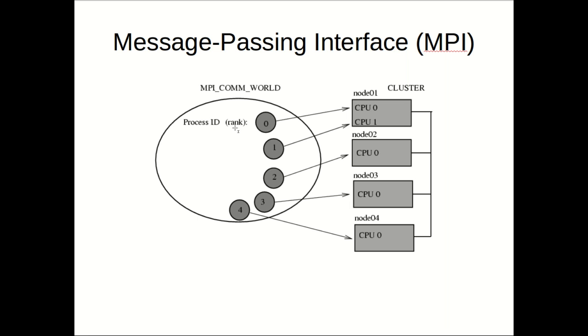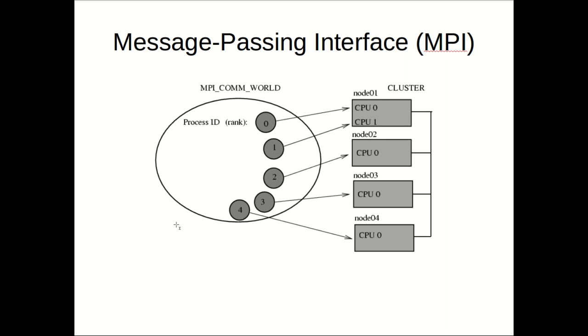All those IDs are called ranks, and all those IDs correspond to those different computing hardware. For example, rank 0, the ID 0, is assigned to CPU 0 on node 01. Rank 1 is assigned to CPU 1 on node 01, and then rank 2 is assigned to CPU 0 on node 02.